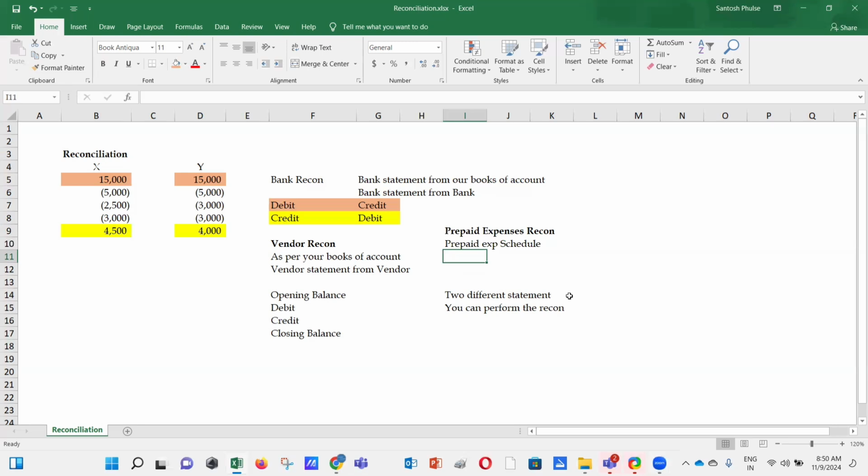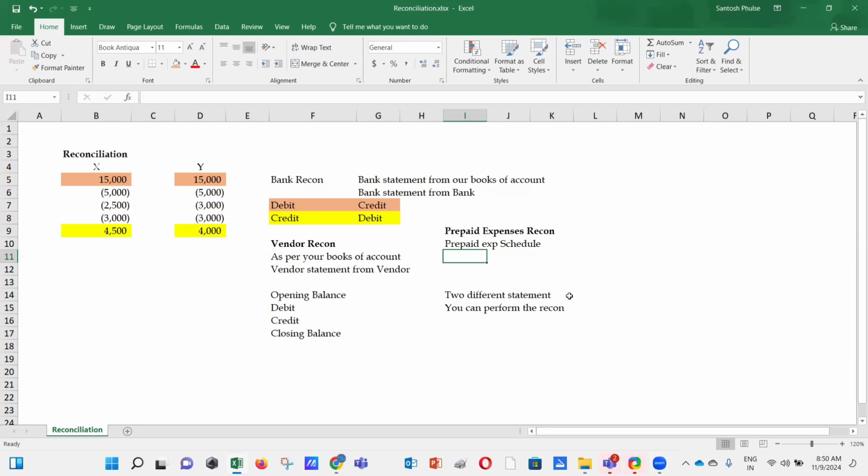Then you need to check that schedule versus your GL dump and see which transactions are missing in your GL, or something is there in the GL and not in your prepaid expense schedules. Here as well we are doing reconciliations.